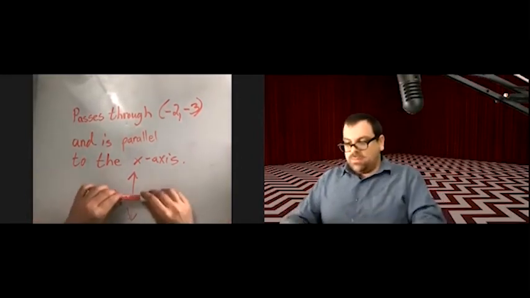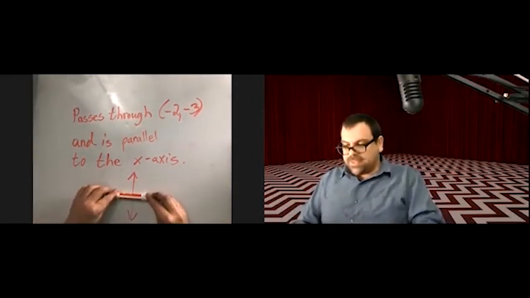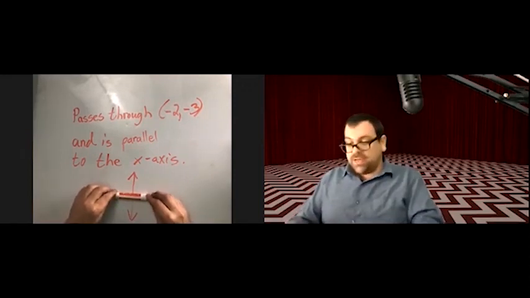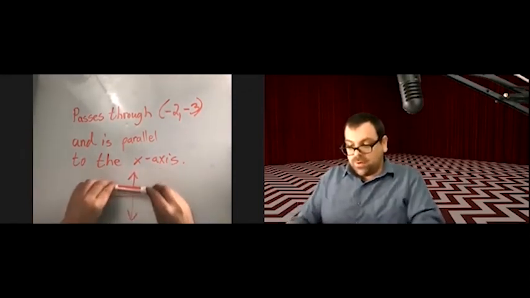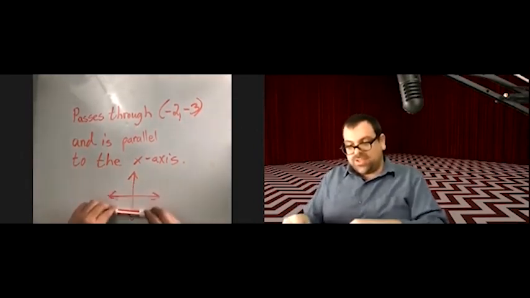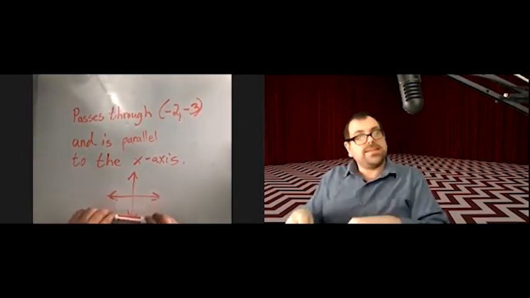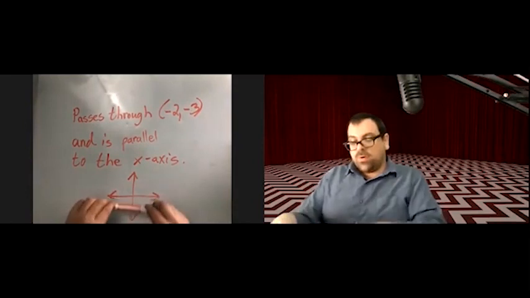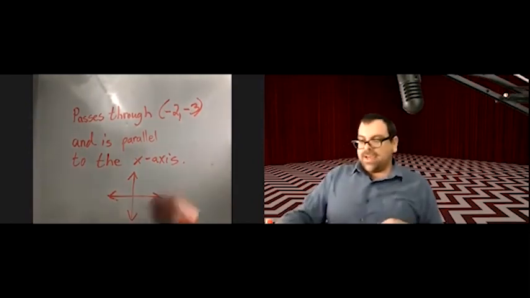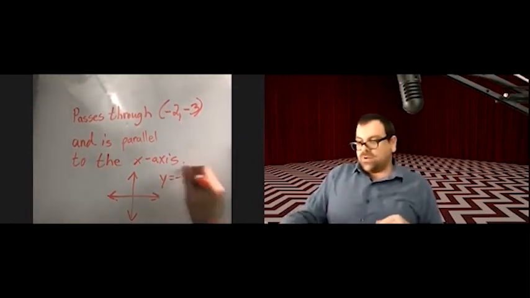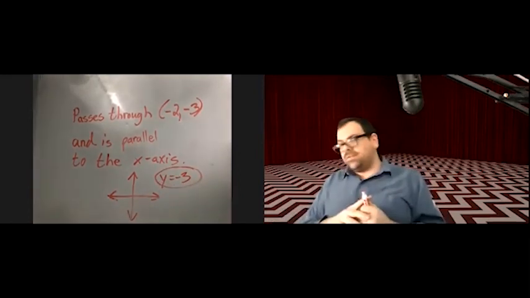If we are parallel to the x-axis, that means we're parallel to a horizontal line. We are some other horizontal line. And I changed everything, but we ended up back in the same spot. Horizontal lines strike the y-axis. So this is also y equals -3.